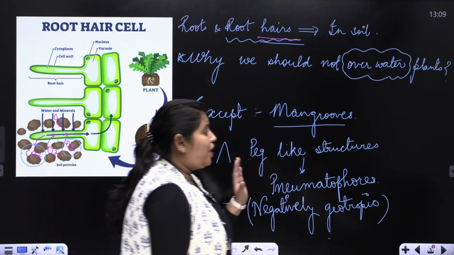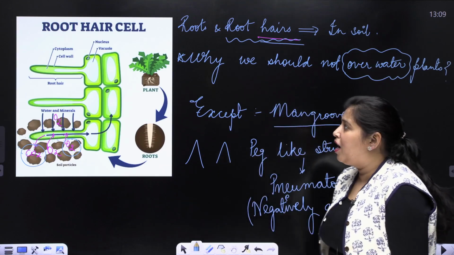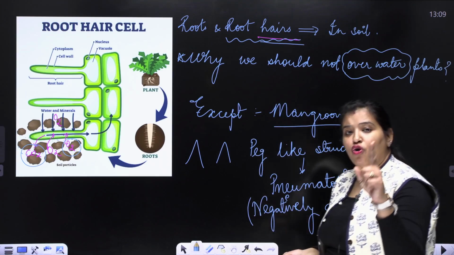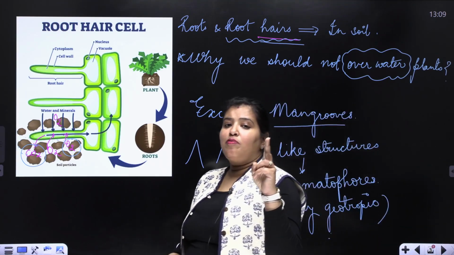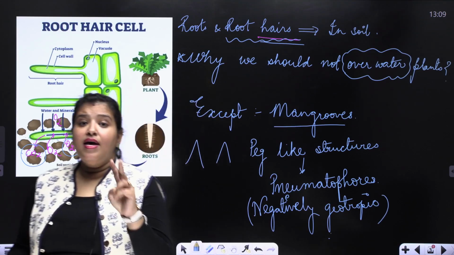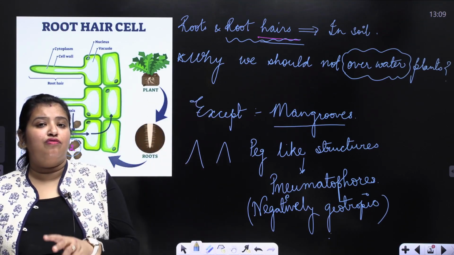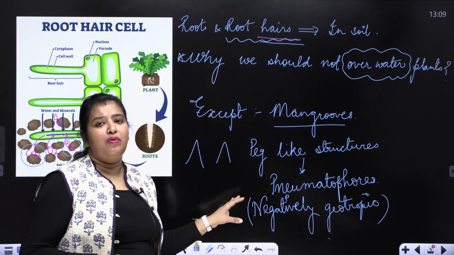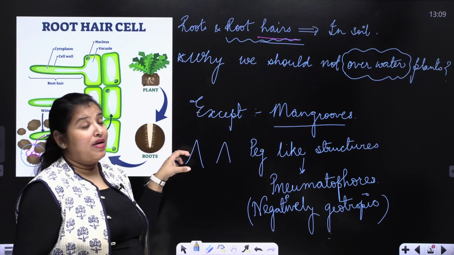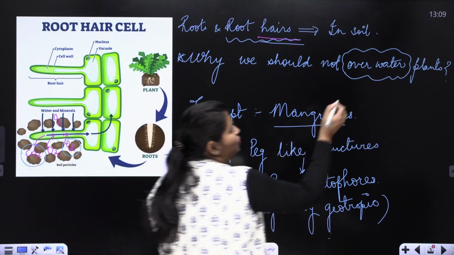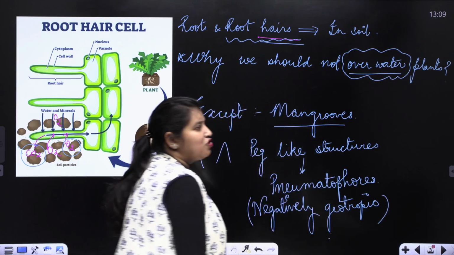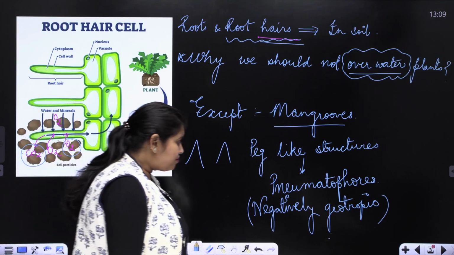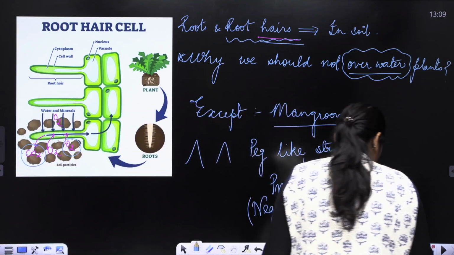So I hope I am clear with this part, how gaseous exchange takes place through stomata, how it takes place through your root hairs, and how it takes place through the lenticels. And along with that, I have given you small keywords, small answers to questions which you have to remember, because these questions can be asked in your board exams.